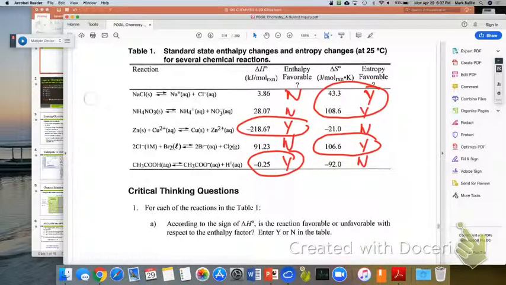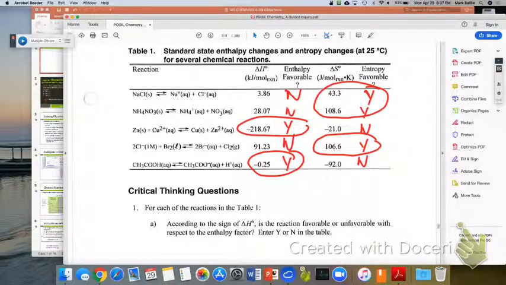All right, let's go ahead and talk through a lot of the stuff on page 2. Question number 2, is there any reaction in Table 1, up here that we just went through, for which both the enthalpy and entropy factors are favorable? Are there any? Should probably be a chorus, but no, right? Not favored for both, not favored for both.